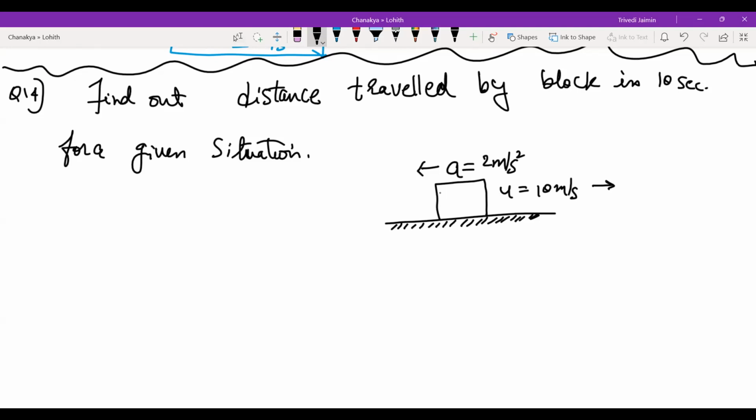Minus 10 by t is equal to -2. So the time is 5 seconds where the velocity will be 0. So we need to find the distance in the first 5 seconds and the next 5 seconds. Add those both. Right? Go on.